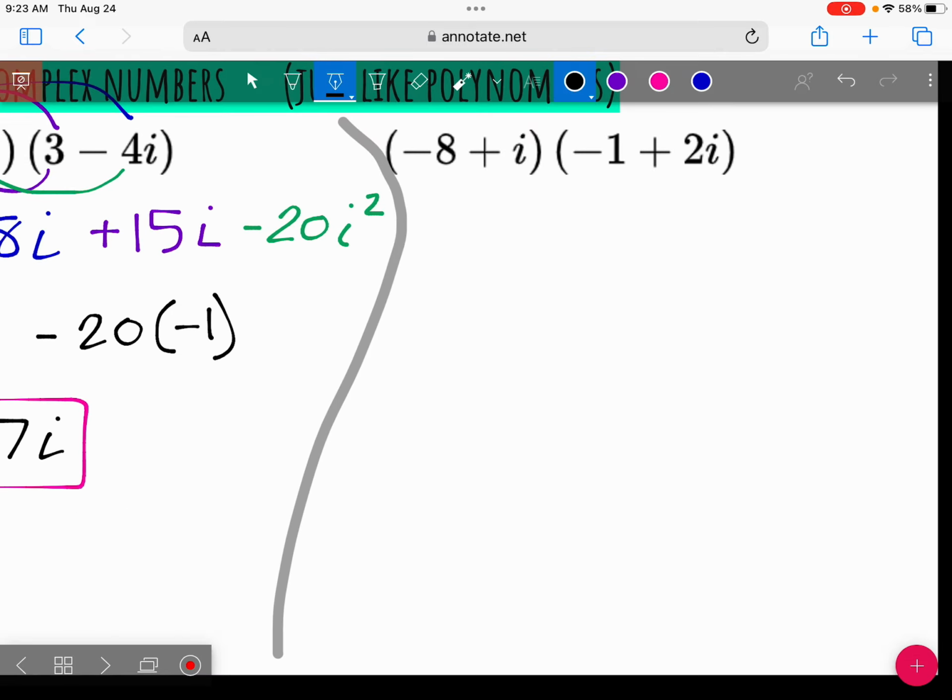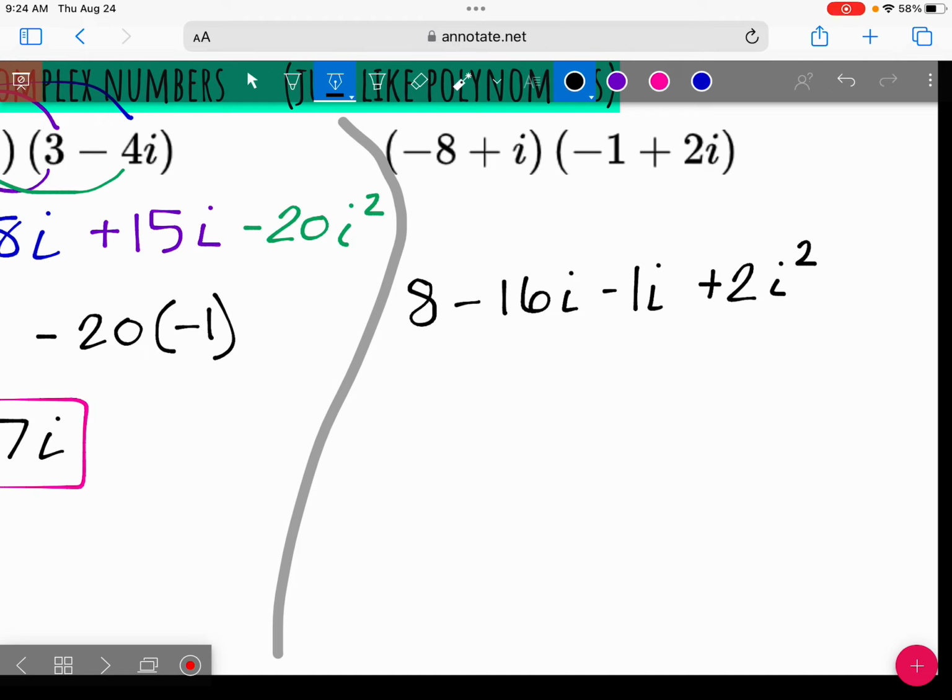We multiply it out. -8 times -1 gives us +8. -8 times +2i gives us -16i. i times -1 gives us -1i. And i times 2i gives us plus 2i squared. See where all the pieces come from?